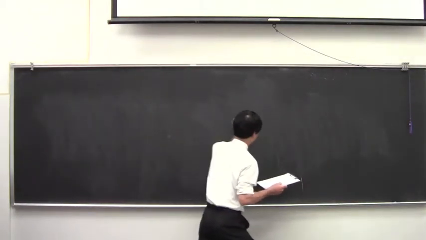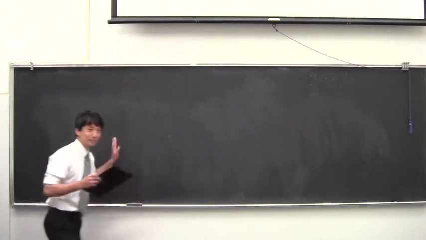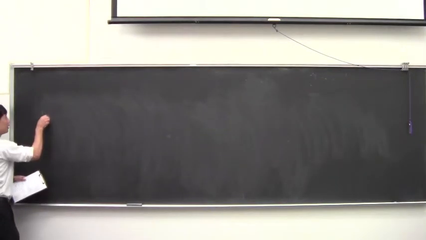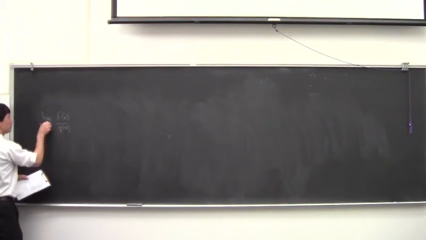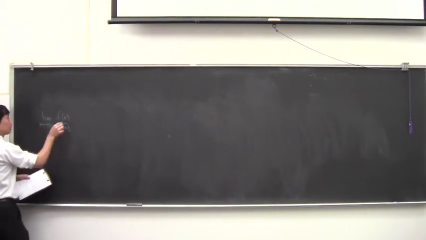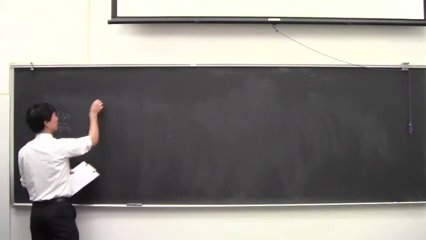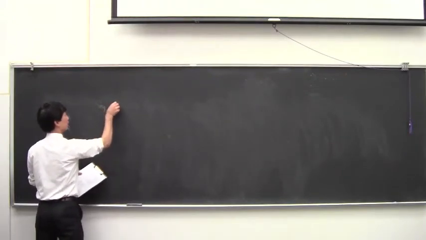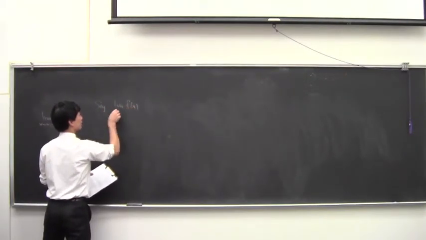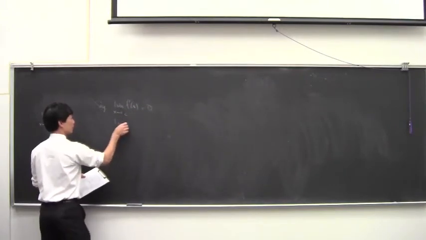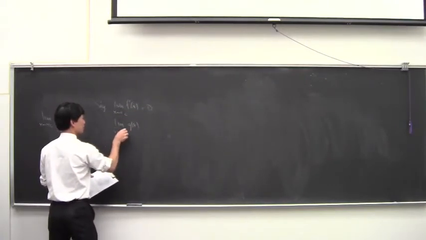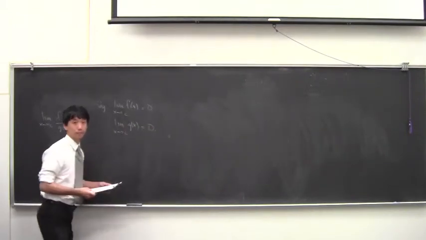You have two functions. And suppose you know that the limit of f of x as x goes to c is 0, and the limit of g of x as x goes to c is also 0.